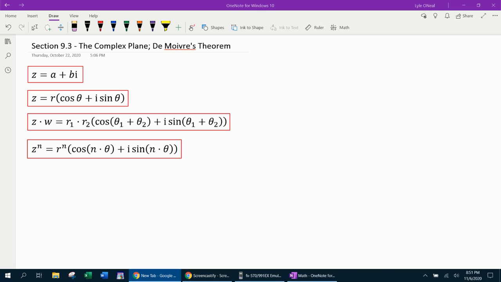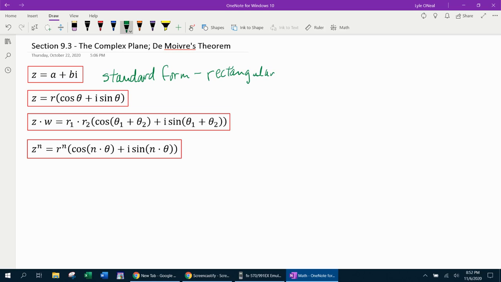The first formula, z equals a plus bi. We call this the standard form. That is the standard form of a complex number in rectangular form.